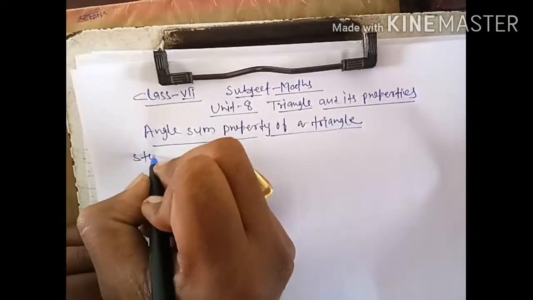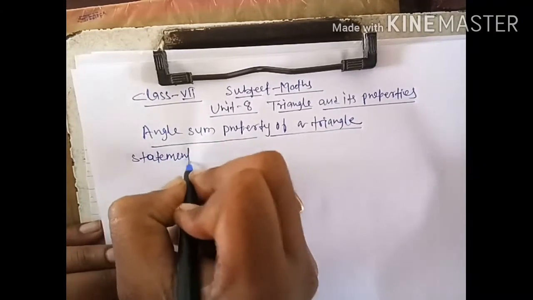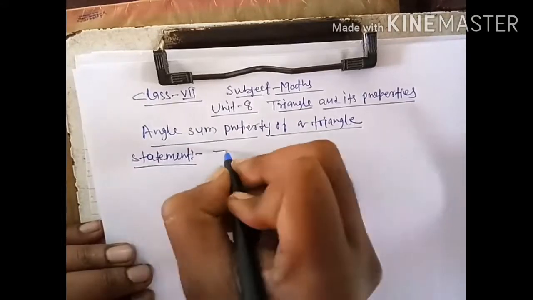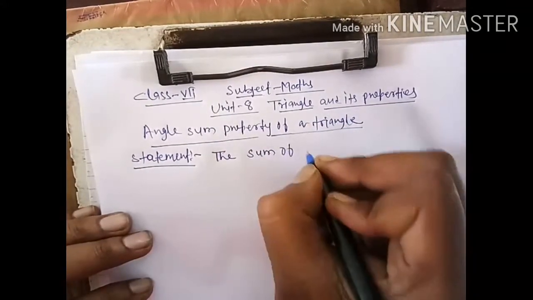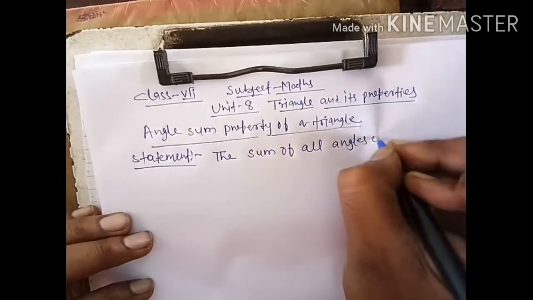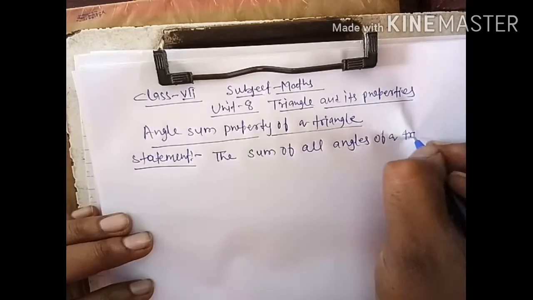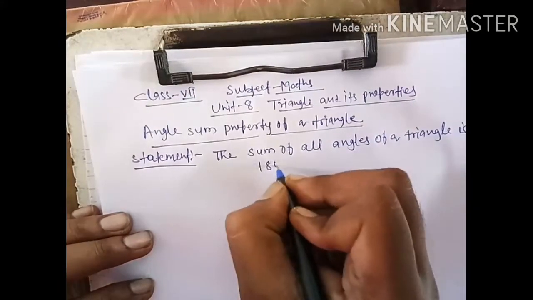Statement: the sum of all angles of a triangle is 180 degree.